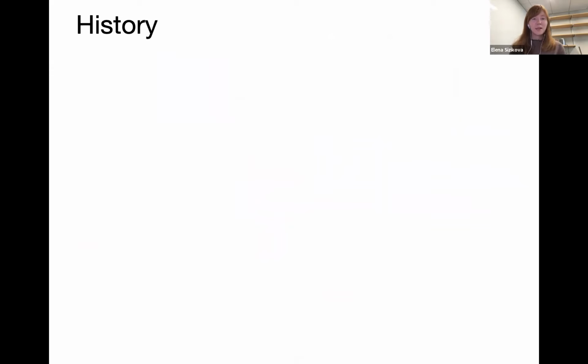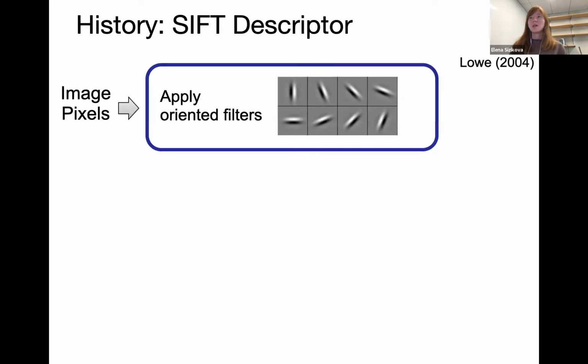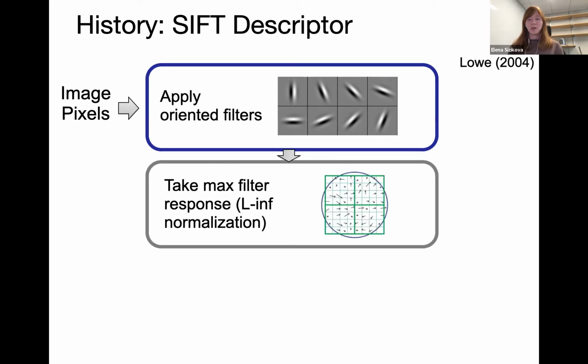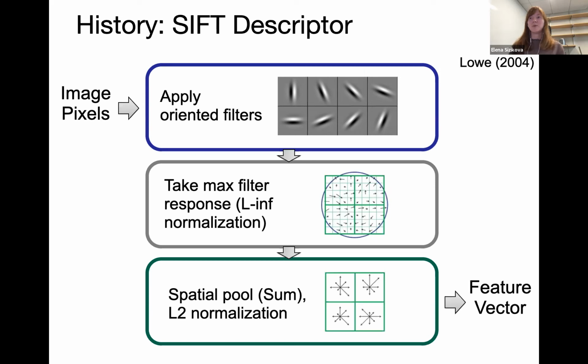So, some history about CNNs. Of course they are a recent trend, an ongoing recent trend. The SIFT detector is another popular keypoint and feature descriptor. We would apply a set of oriented filters, take the maximum filter response, and apply spatial pooling to extract the so-called SIFT feature for an image.